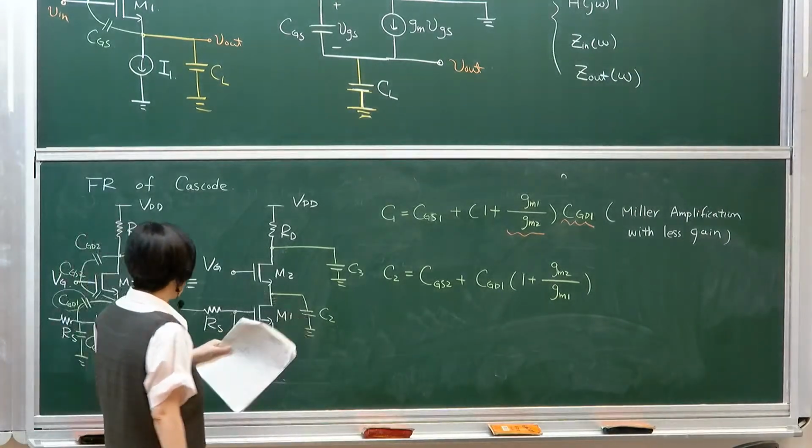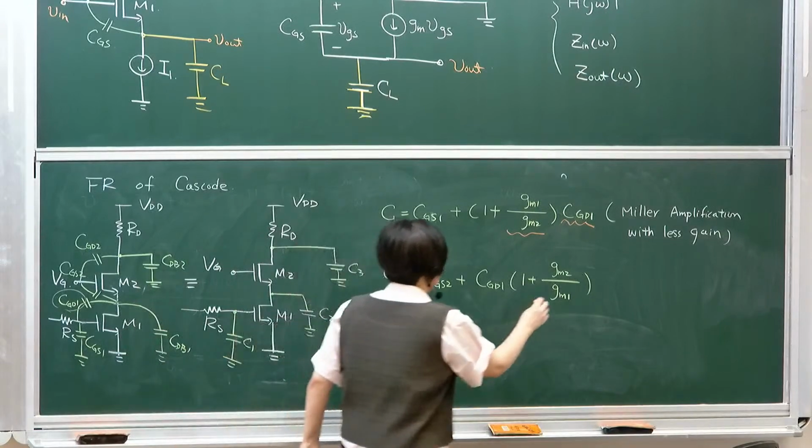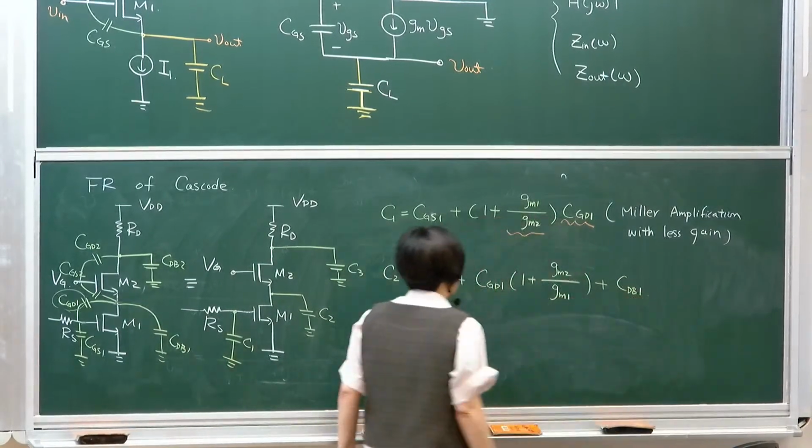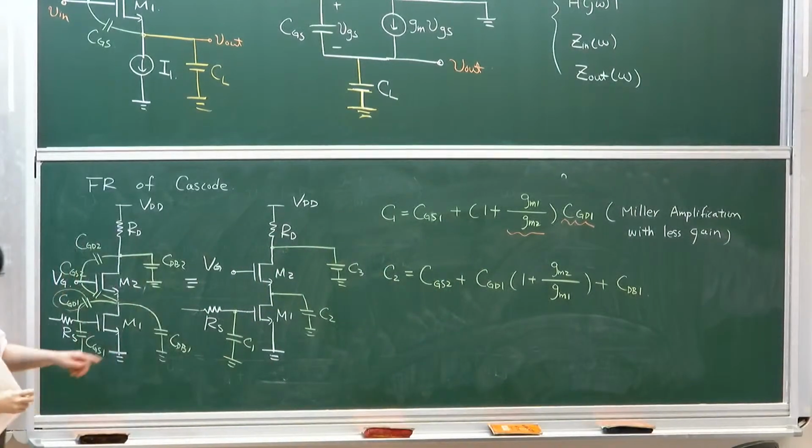That will be my C2, plus the junction capacitance CDB1. Okay? So you see the gate, the Miller, and the drain. This source to gate, this one, and this one.